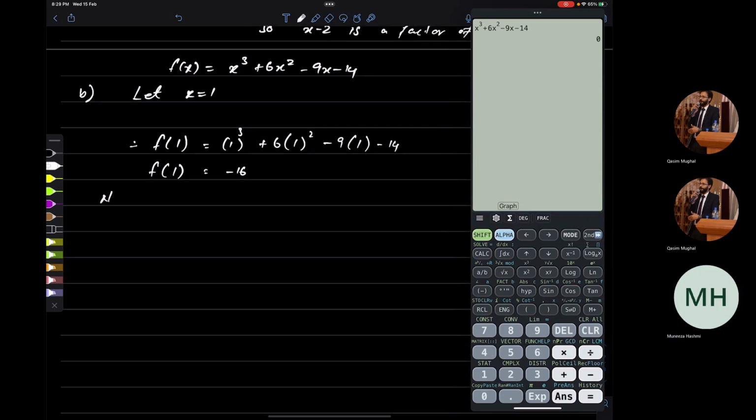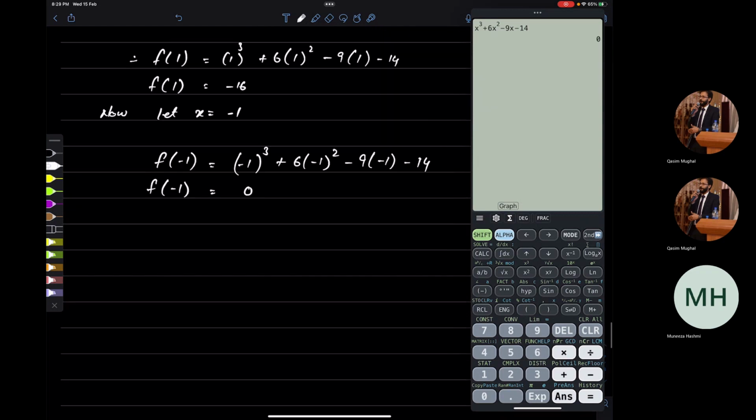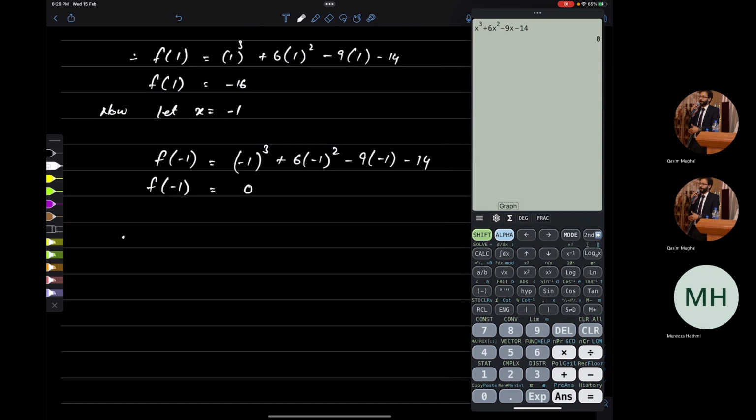Now, let x equal -1. So I'm going to plug -1 into the given function. f of -1 equals (-1) cubed plus 6 times (-1) squared minus 9 times (-1) minus 14. I know this is actually giving me 0. So the number which is giving me 0, from there I can conclude what my factor is going to be.